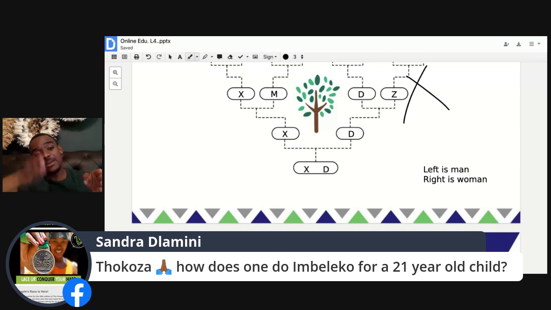After umhlonyane, then you can do umemulo. But you can't do umhlonyane or umemulo if imbeleko has not been done, because awukwazi ukukhulisa umuntu that has not been introduced to amathongo, if that makes sense. But we're going to tuck into rituals and imfanelo later on that needs to be done from child all the way to death.